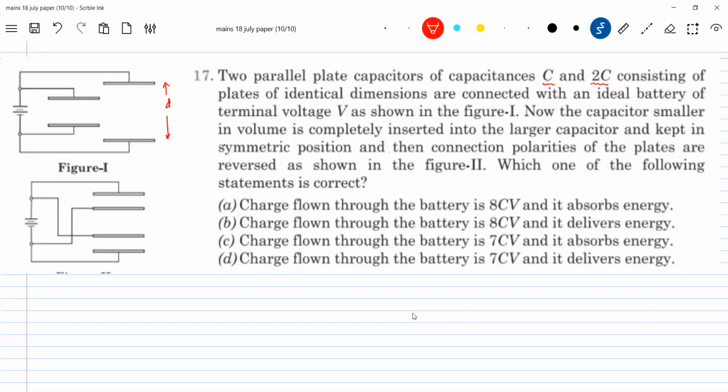This will have capacitance 2C, and this will be C. So C equals epsilon naught A by d. Then it has become 2C, meaning the separation between the plates should become d by 2. He has not given it, we are supposed to assume. Moreover, the diagram is also given symmetrically. So what is this gap? This gap will be d by 4.